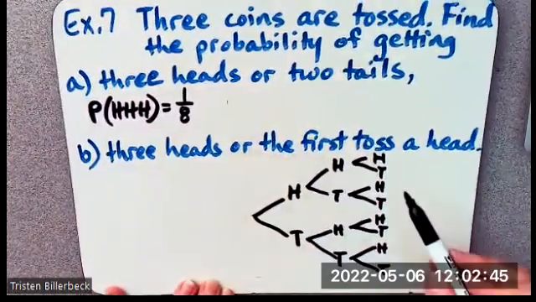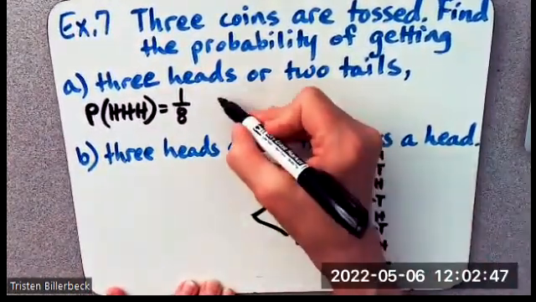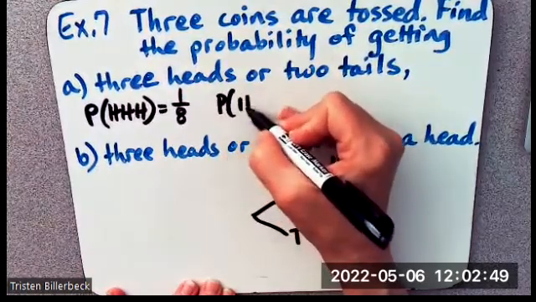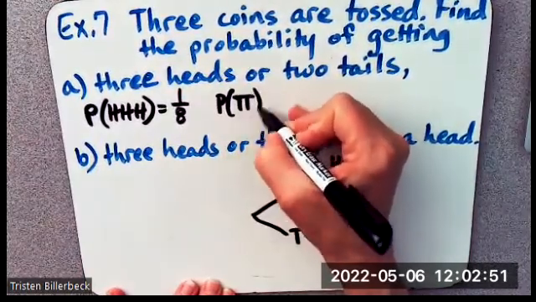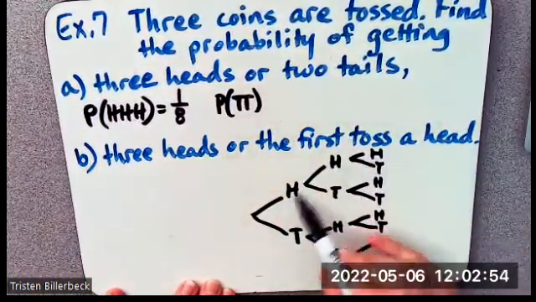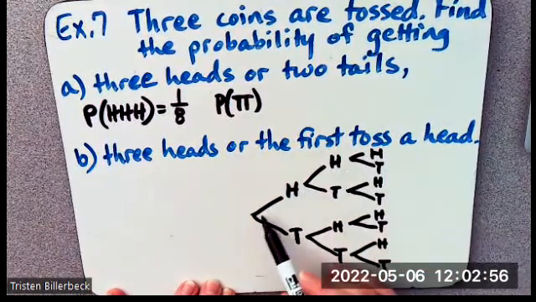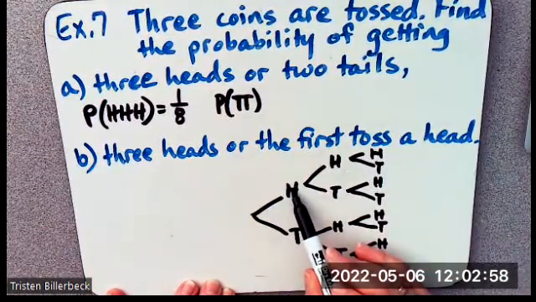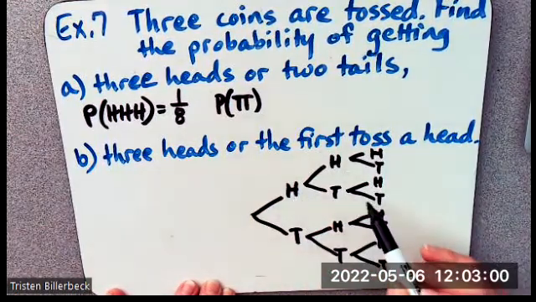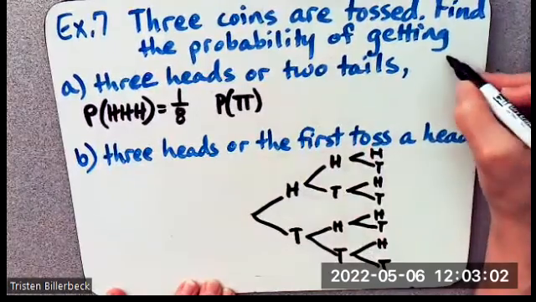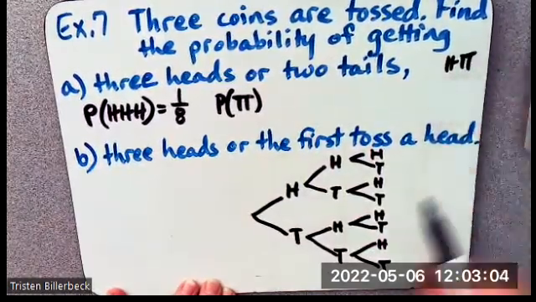And the probability of 2 tails. So probability of tail. So we can't have that on this branch at all, but we can right here. We have HTT. So let's write HTT.